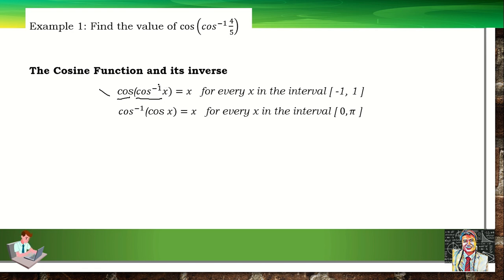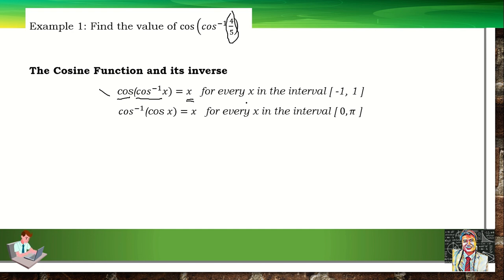And magiging answer niya, makakancel ito, matatitira yung angle na nandito, which is the x value. But take note, for every x in the interval negative 1 up to 1. Okay? So, examine nyo muna if 4 over 5 is in between negative 1 up to 1.